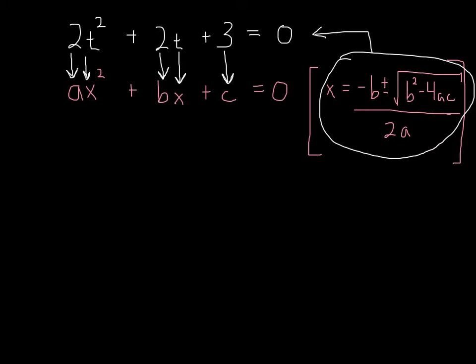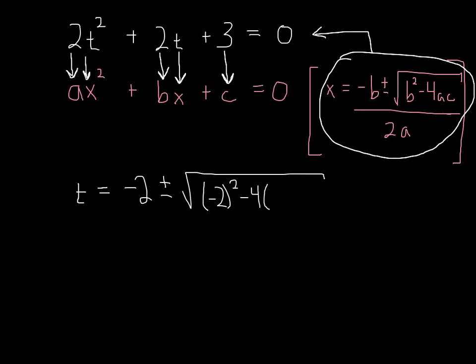So let me plug those numbers in, and I'm going to be solving for t in this case instead of x. And that will be equal to negative b. And if we look up here, our b is equal to 2. So negative b would be negative 2, plus or minus the square root of b squared, and that's going to be a negative 2 squared, minus 4 times a, where in this case my a is also equal to 2.